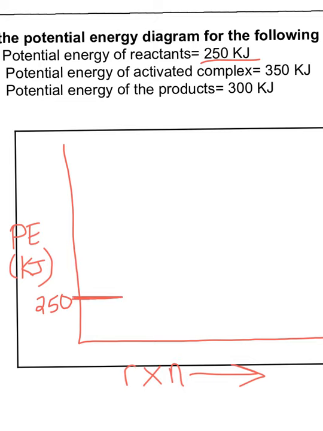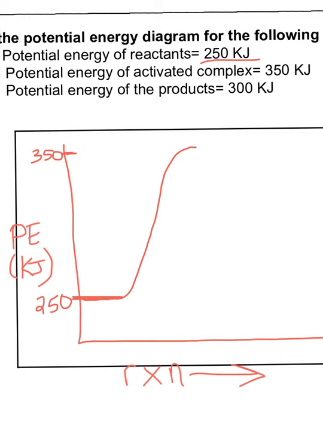Potential energy of the activated complex. Remember, that is the highest point of your curve. Highest point of your curve. So I'm going to go way up here, and I'm going to go 350. Right there. So my curve is going to go all the way up to 350.